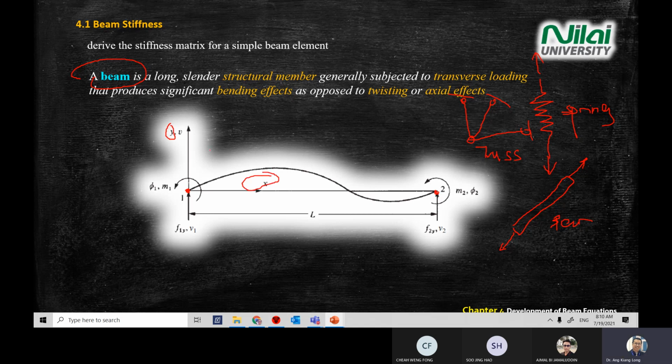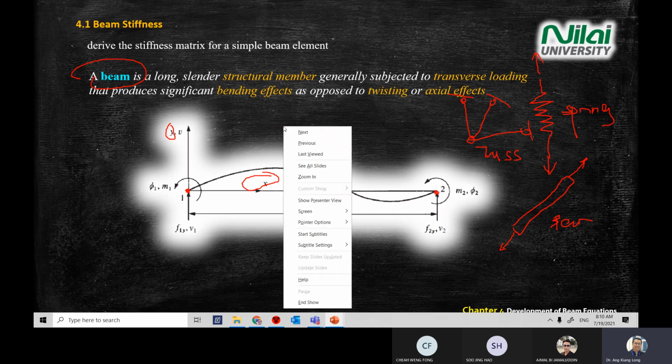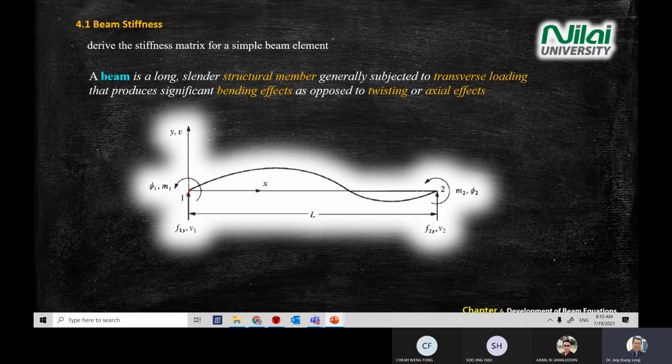Later we will look at x and x prime again, but we will start with the basic one. Point 1, point 2, y and x, the length is L.